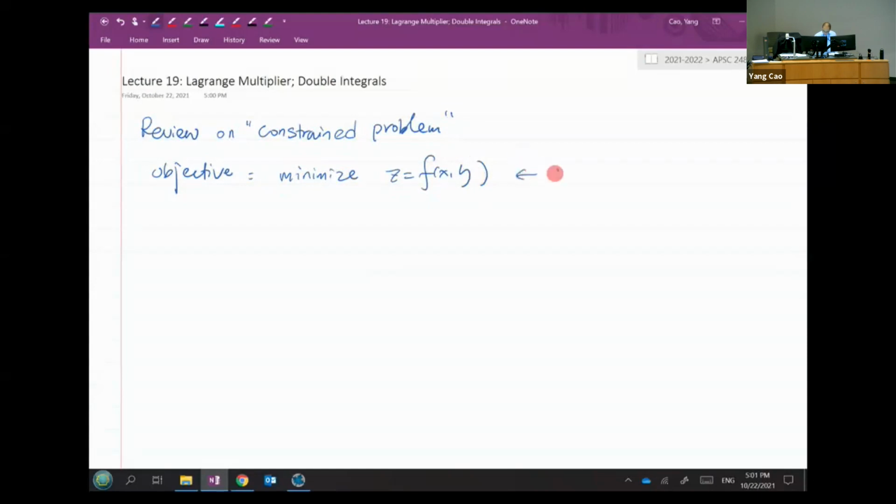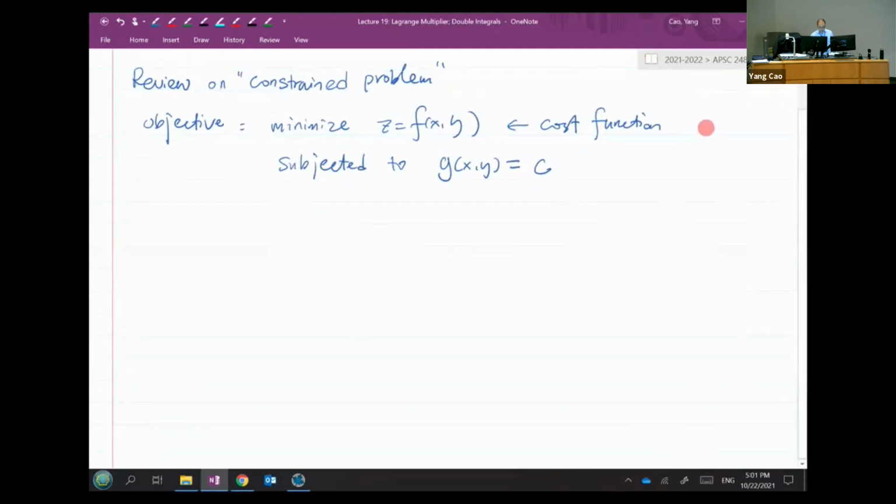We sometimes call this a cost function. However, we also have a constraint. The constraint is g of x, y equal to c. That's the overall picture of the constraint problem.